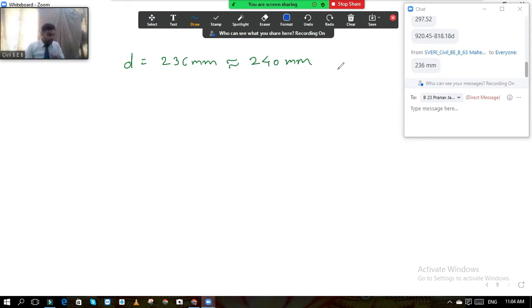So now we have calculated the depth by two-way shear and one-way shear. Two-way shear says 460, one-way shear says 240. So here we will provide the maximum depth.